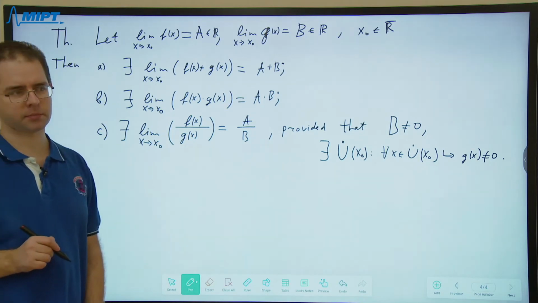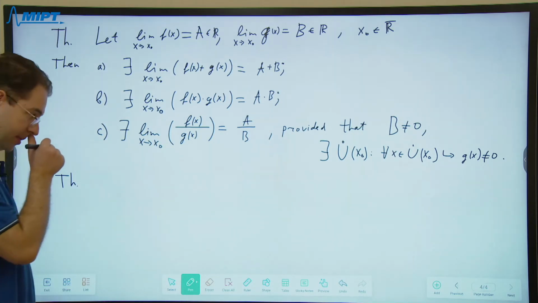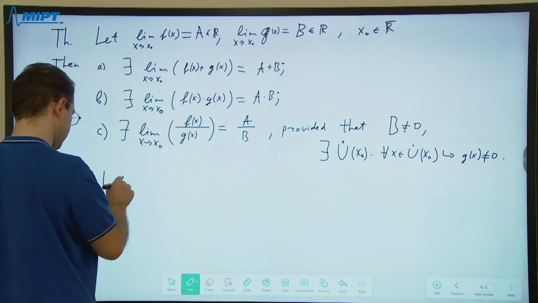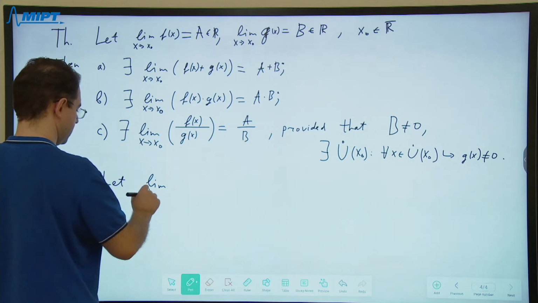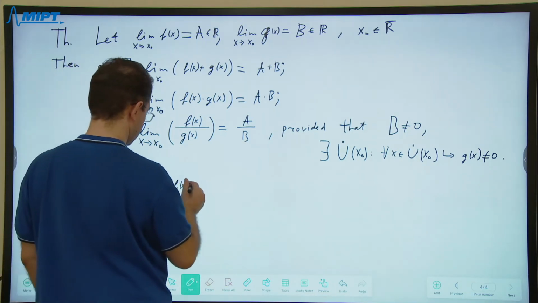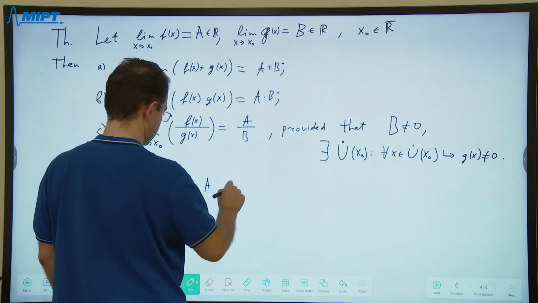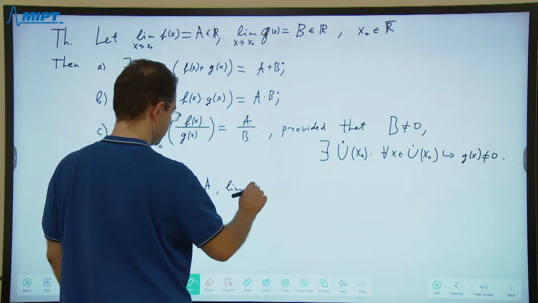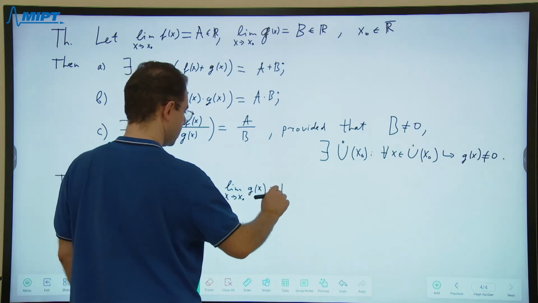Theorem. Let the limit as x tends to x0 of f of x equal a, and the limit of g of x equal b.